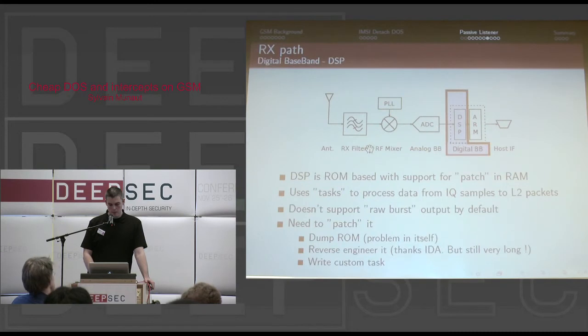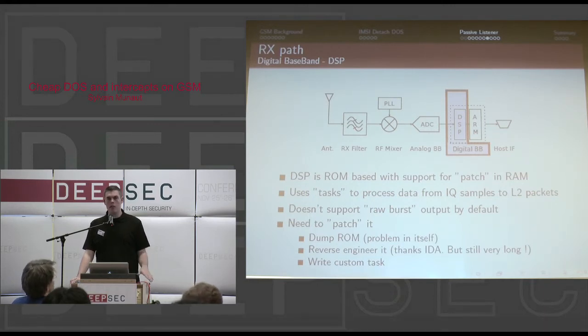Okay. The next step, inside the digital baseband, which is like the biggest chip on the phone, there are 2 subchips: the DSP that will do all the demodulation and things like that, and the ARM. So the DSP is ROM based. That is, there is a firmware. It's hard written.